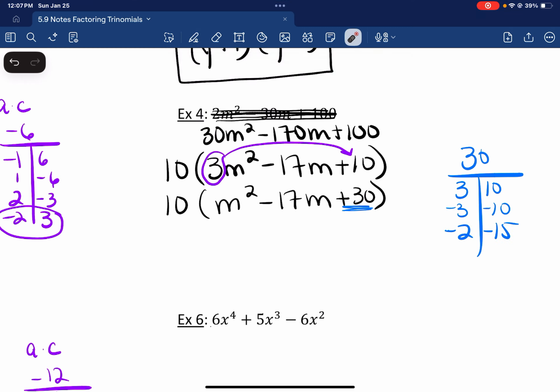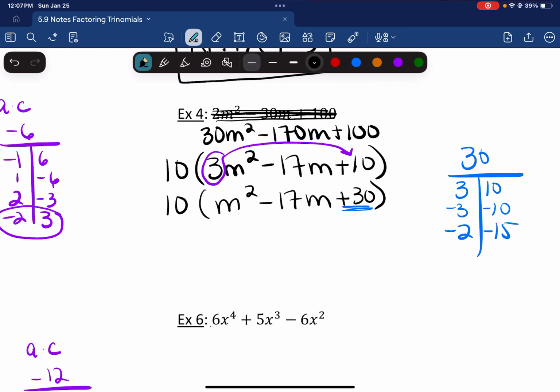When I multiply these together, I get a positive 30, and when I add them together, I get this -17, so that's what I want. So I'm going to go ahead and bring down this 10 from the beginning, and I'm going to break my trinomial into its two binomials. I have an m for both of them. And because my two factors are a -2 times -15, I put that -2 and -15 right here.